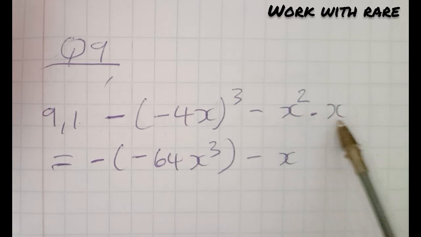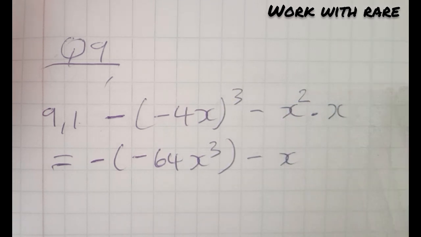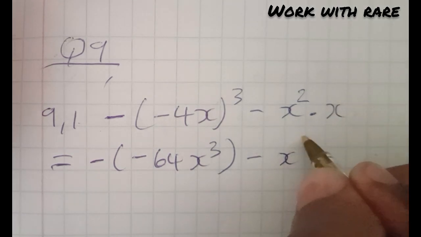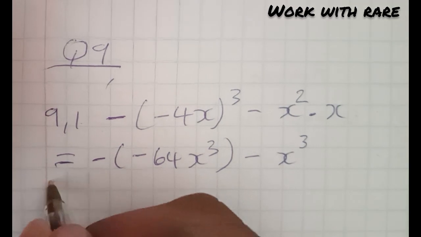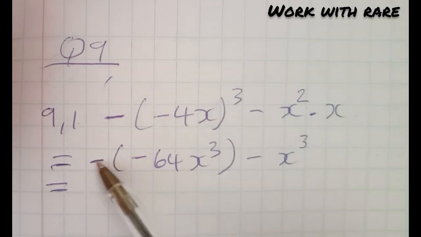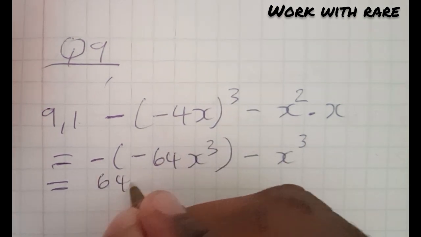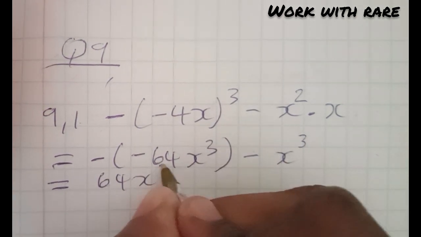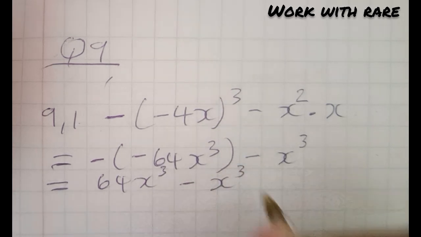So when we multiply the same base, we add the exponent. So it will be 2 plus 1. You see, so it will be x to the exponent 3. So the next step now, we'll have to break this bracket. So we'll say, okay, negative multiplied by negative is positive, and here is the same as negative 1, remember. So we'll have 64 x cube minus x cube.